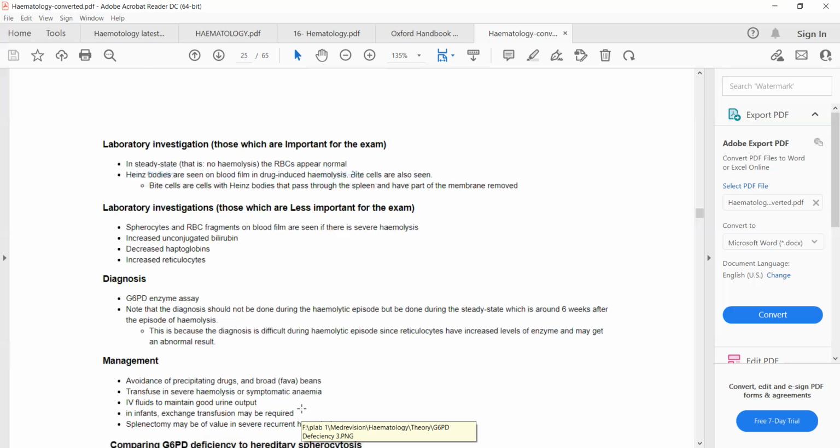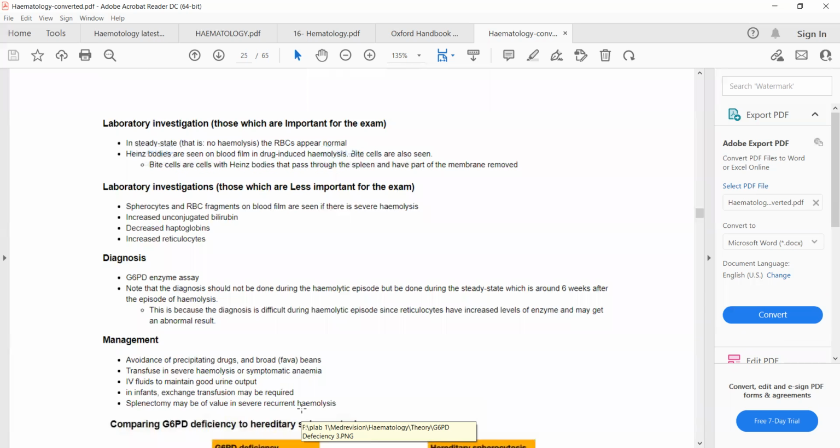So the management is very simple. Avoid the offending drug or fava beans, and if there is severe hemolysis or symptomatic anemia with Hb less than 7, we will transfuse blood, and asymptomatic anemia with Hb less than 8, again we will transfuse blood.